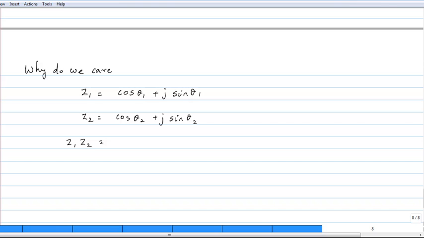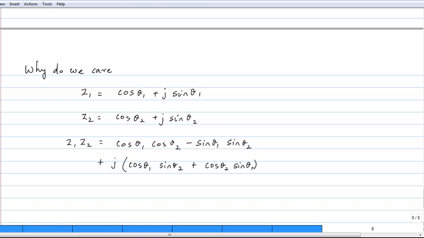Well, I can multiply them by thinking of them as complex numbers in Cartesian form, and I would end up with cosine theta 1 cosine theta 2 minus sine theta 1 sine theta 2, plus j times cosine theta 1 sine theta 2 plus cosine theta 2 sine theta 1.